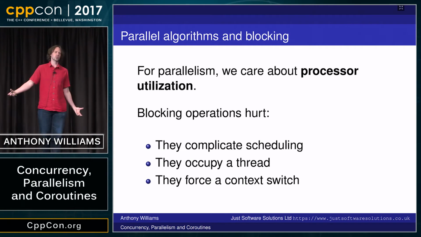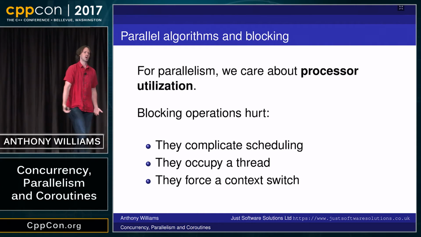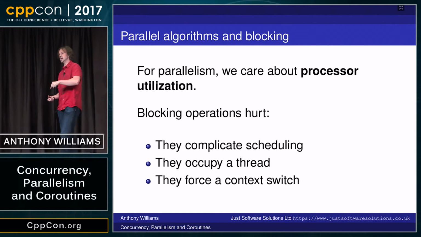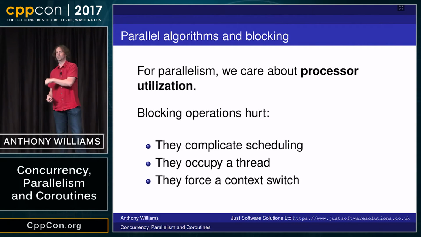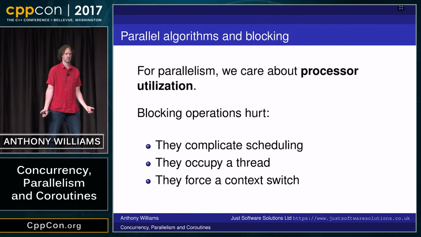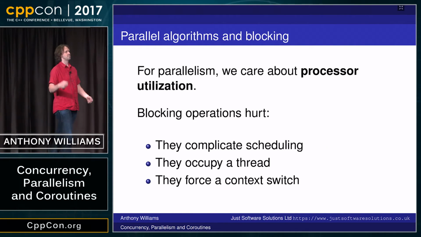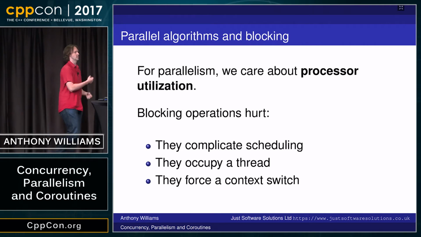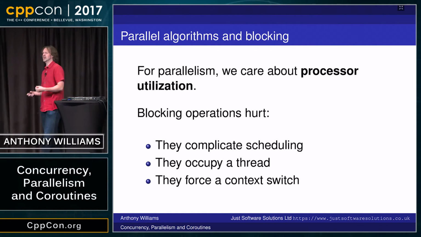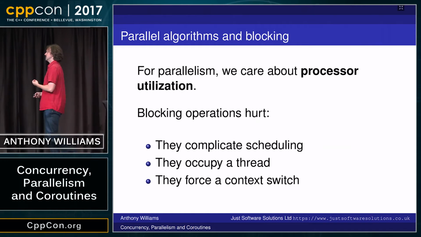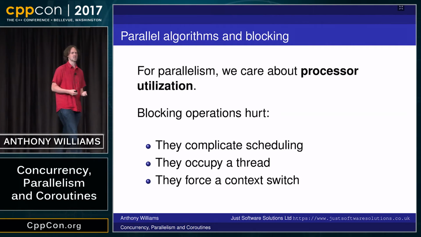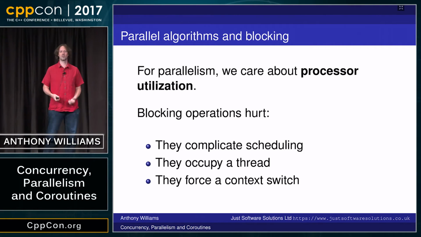Now, we've got 1,000 cores, and we're trying to stick a load of work on them, and what we don't want is for those cores to be sat blocking, doing nothing if we can help it, because that's just wasting available processor resources. So if we have blocking operations, which you get normally with futures, then they hurt that. They complicate the scheduling. They occupy a thread. They can force us to do a context switch, which is expensive as far as the OS is concerned, and just generally saps our overall performance.